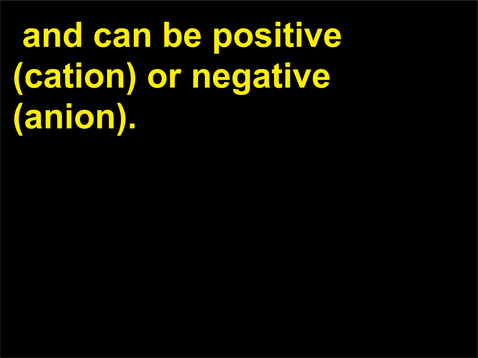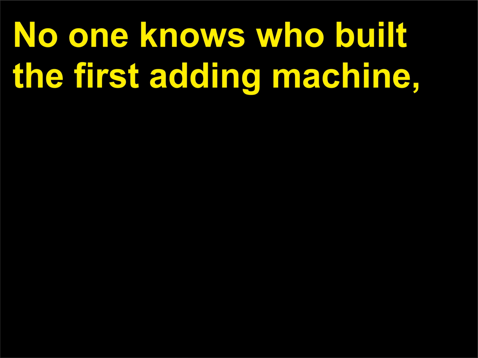Who built the first known adding machine? No one knows who built the first adding machine, although many historians believe it was German mathematician Wilhelm Schickard, 1592 to 1635, who first invented a mechanical calculator in 1623 based on Napier's bones, see above.